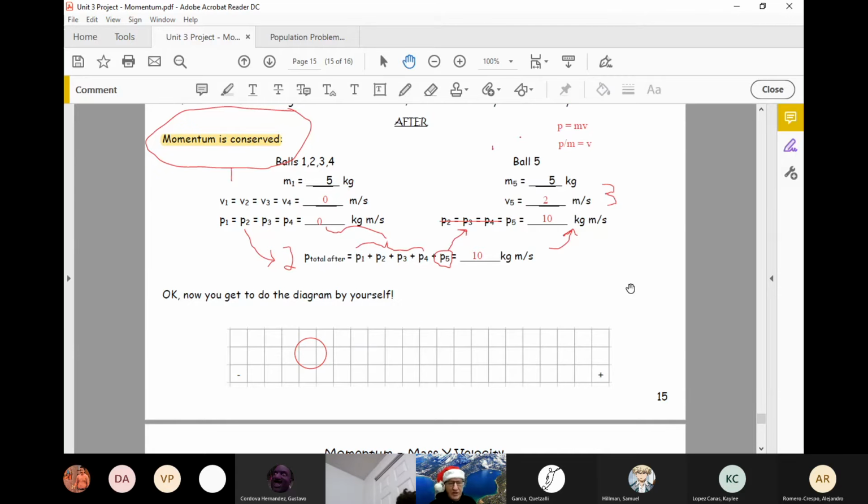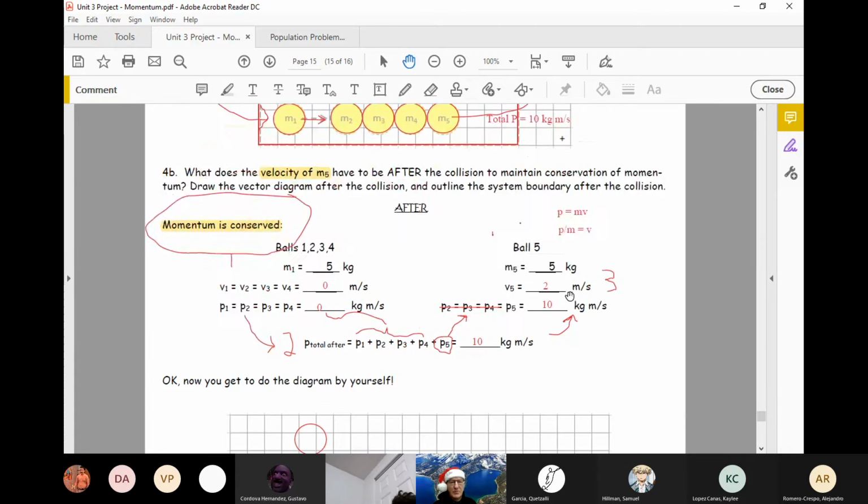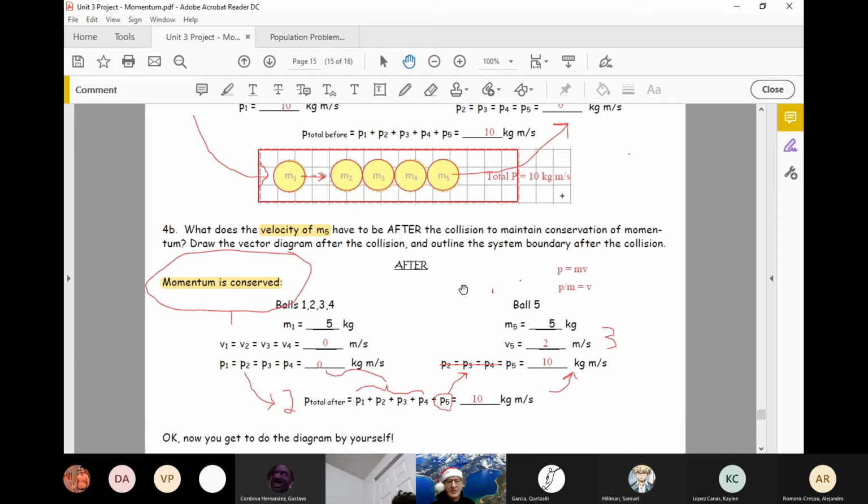So take a moment to draw the vector diagram. Make sure you're showing which ball is moving and which ball is not moving. Make sure you're showing the balls as the correct size in relationship to one another. Also notice that they labeled every one of the balls here.